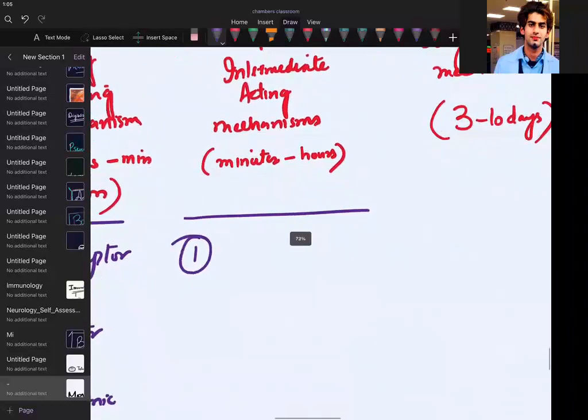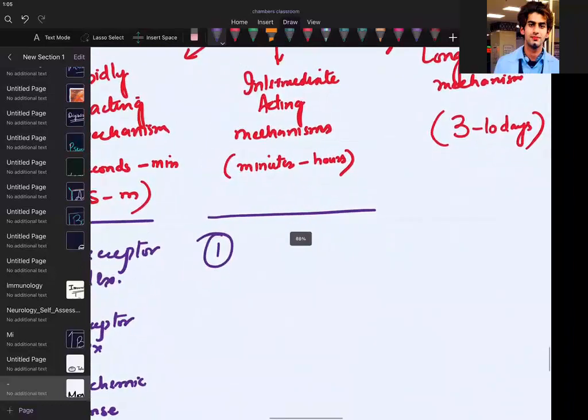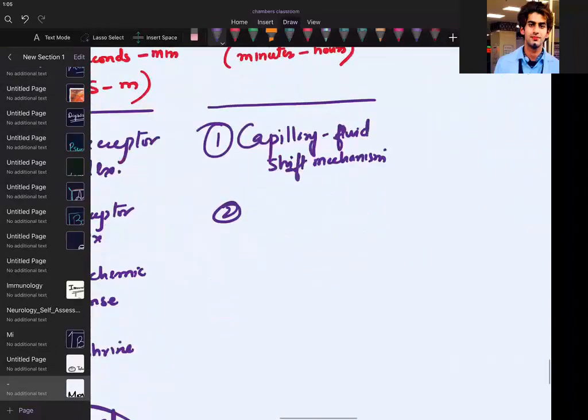Who is intermediately acting? Capillary fluid shift mechanism. Second, stress relaxation plus reverse stress relaxation.